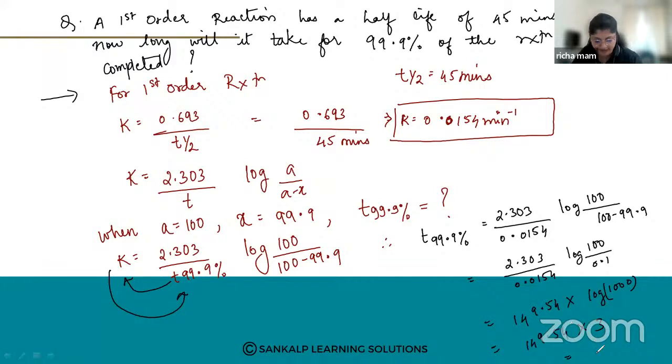So how much are you getting as the answer? I have got it as 448.6, and it is the time, so the unit is minutes. Yes, Baby has got it as 448. What about the others? So the time taken for 99.9% is 448.6 minutes.